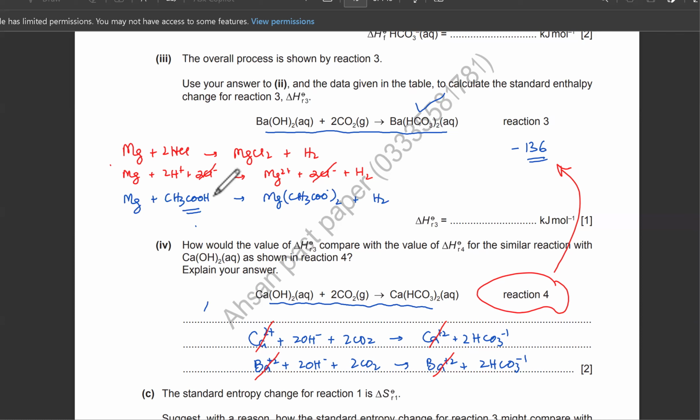So even though the reaction is the same, some energy got used up in dissociating the ethanoic acid. So remember, when you use weak acids, some energy gets used up while ionizing the weak acid. HCl is automatically ionized. You don't have to do anything. It's already ionized. But ethanoic acid is not ionized. So some energy gets used up so it's slightly more endothermic. Is that clear?